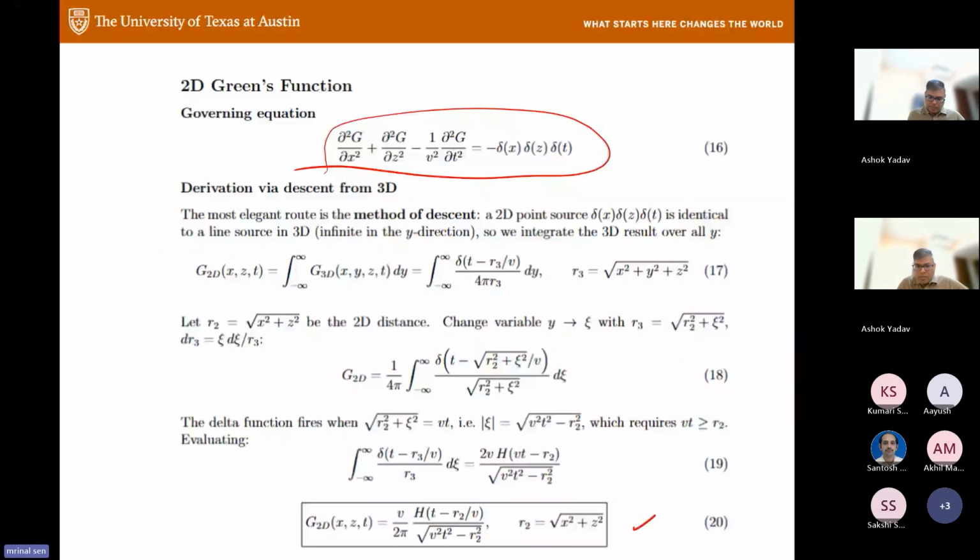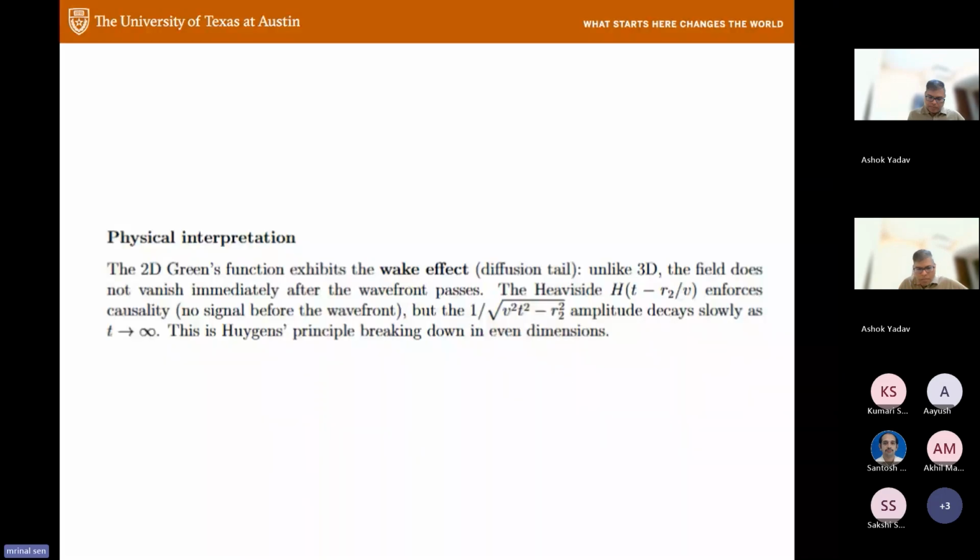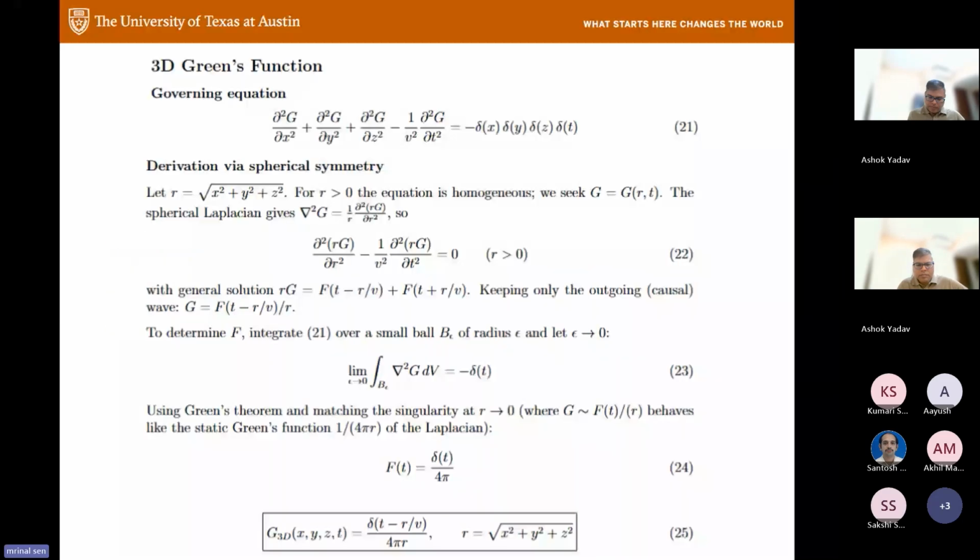Even though you have this step function, what you see here is a term which is v squared t squared minus r squared. And what is the implication of this? I will explain to you with a figure a little bit later. So actually what this does, it allows amplitude to decay slowly as t goes to infinity. So yeah, we'll have the figure later on.